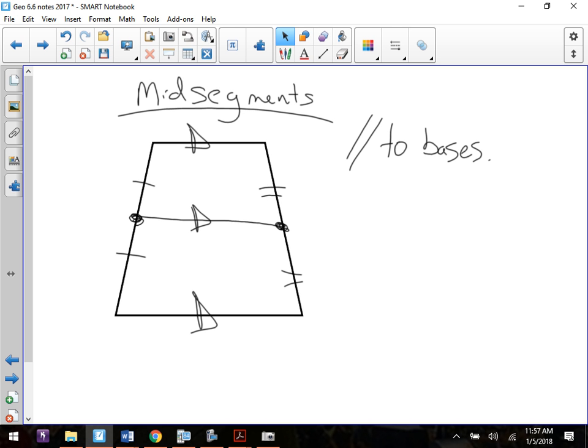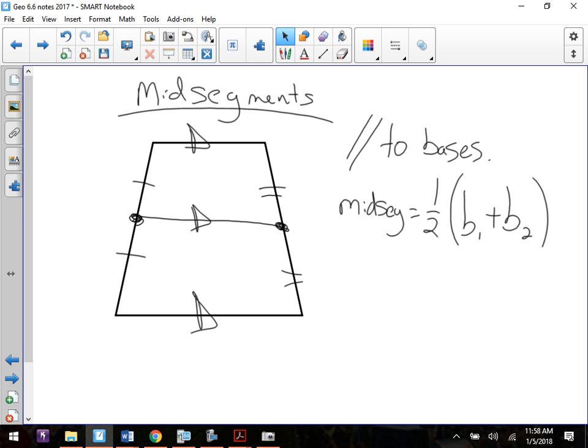When we talk about the bases here, the bases in the trapezoids are always the ones that are parallel. I'm guessing you probably knew that, but make sure I say that. All right, so it's parallel to the bases, and then it's also equal to the average. So the midsegment equals half the sum of the bases.